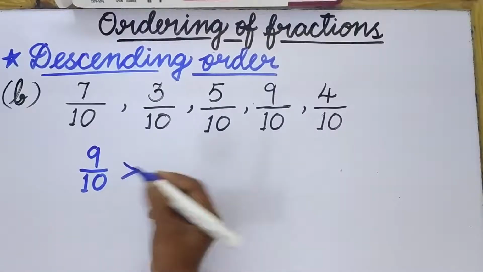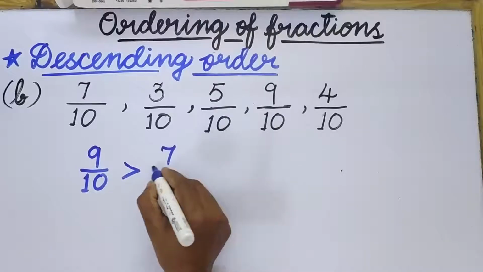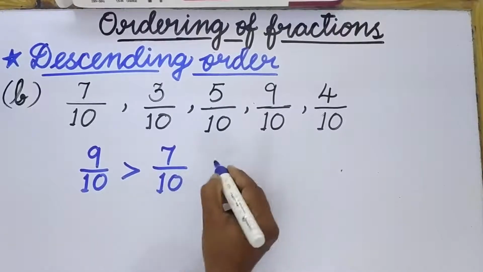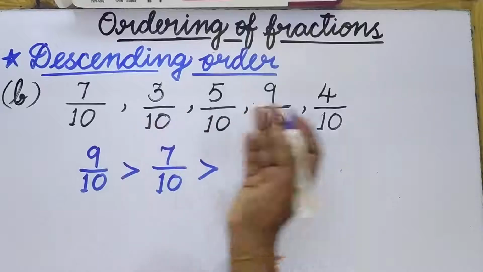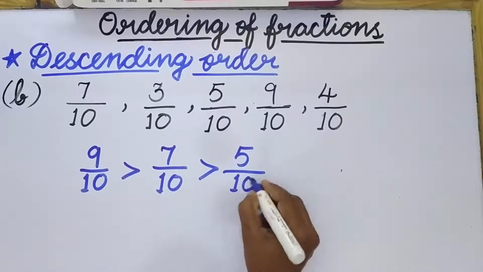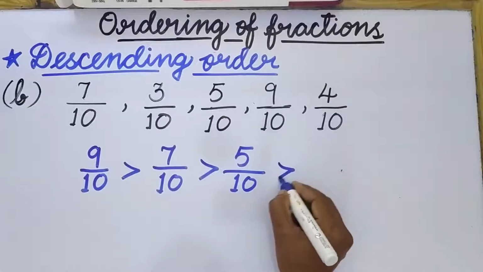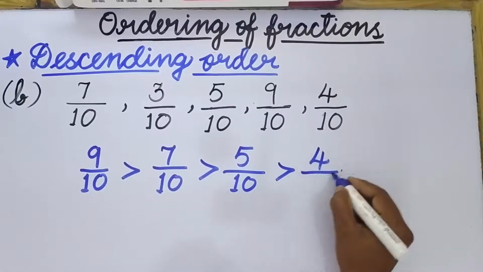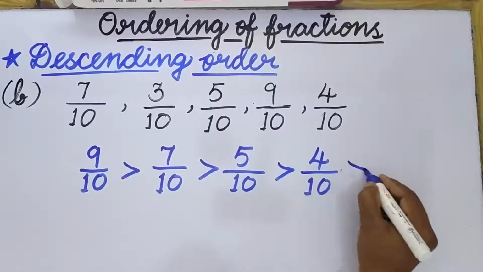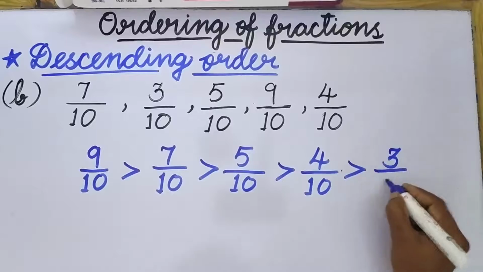Alright, then we have to check. Yes, 7 by 10 is greater than which fraction? Of course, 5 by 10. Then after that, is it 3 by 10? No, it is 4 by 10. Alright. Then finally, which is the smallest? Yes, it is 3 by 10.